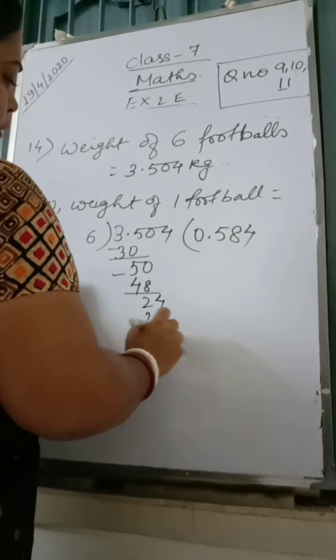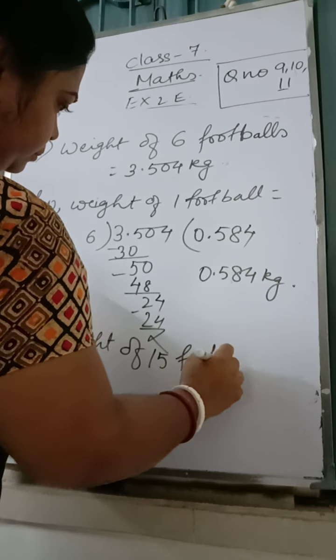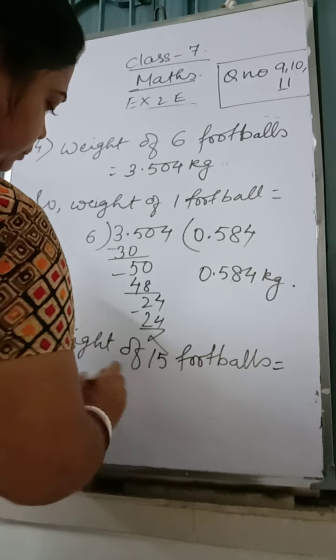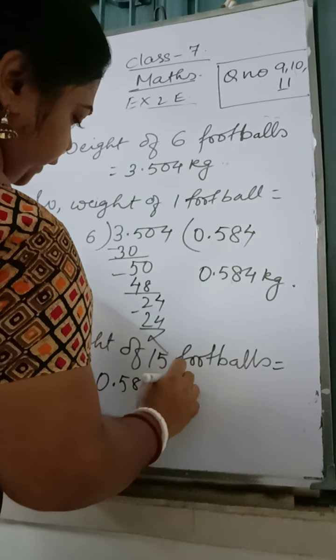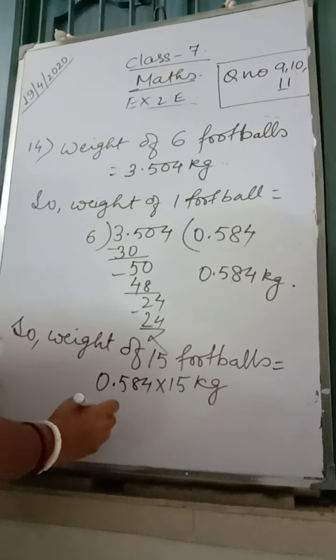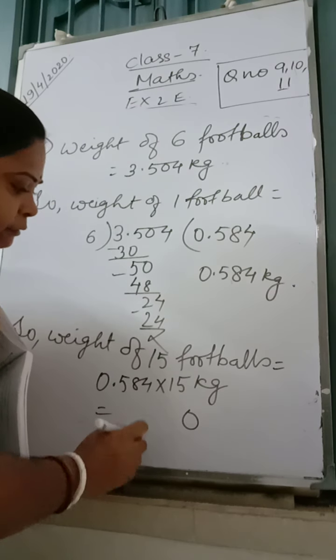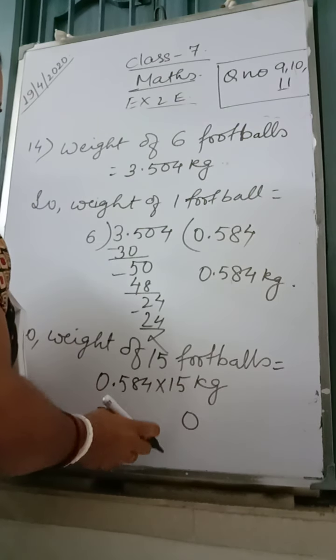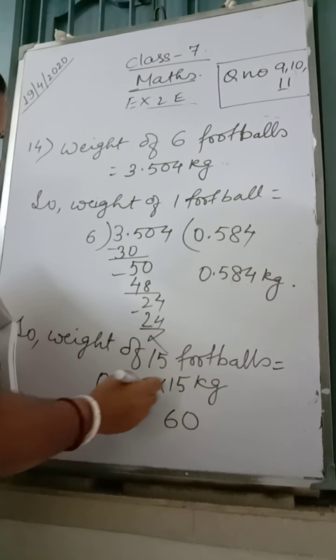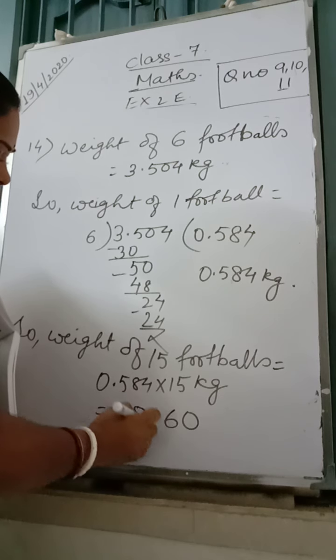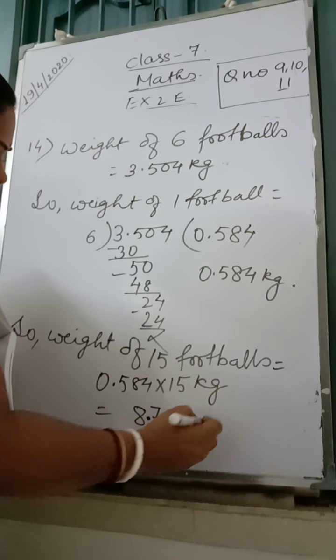So weight of 15 footballs is 0.584 into 15 kg. 15 4s are 60, 15 8s are 120 and 6 is 126, 15 5s are 75 and 12, 87. 8.76 kg.